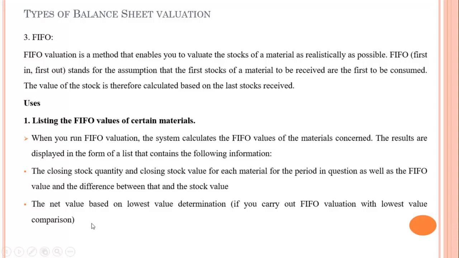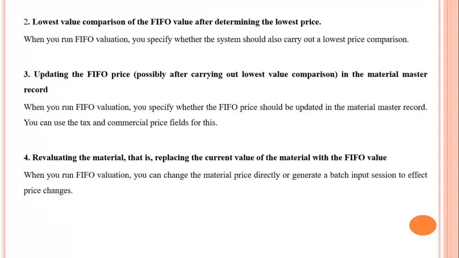Okay. Second is the net value based on the lowest value determination. Using first in first out evaluation is lowest value comparison of the FIFO value after determining the lowest price. When you run FIFO valuation, you have to specify whether the system should also carry out a lowest price comparison.